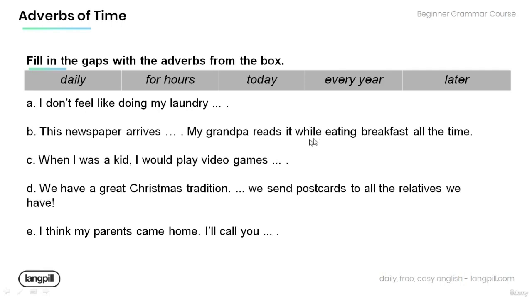My grandpa reads it while eating breakfast all the time. C. When I was a kid, I would play video games. D. We had a great Christmas tradition. We sent postcards to all the relatives we have. E. I think my parents came home. I'll call you.